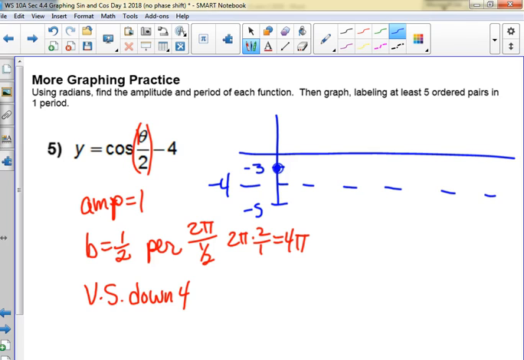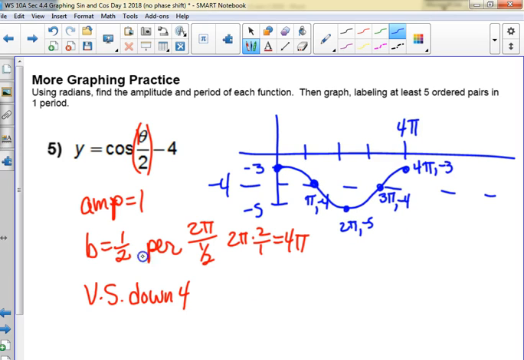It's a cosine graph, so it starts at a maximum and it finishes at a period of 4 pi. So if I divide that by 4, I get pi. So this is pi, negative 4, 2 pi, negative 5, 3 pi, negative 4, and 4 pi, negative 3.